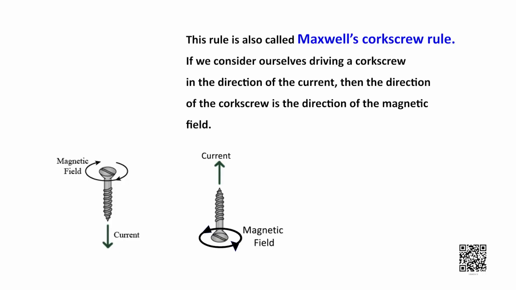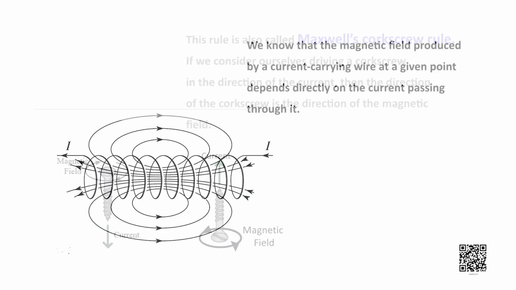So by applying the right hand rule, it is easy to check that every section of the wire contributes to the magnetic field lines in the same direction within the loop. This rule is also called Maxwell's corkscrew rule. If we consider ourselves driving a corkscrew in the direction of the current, then the direction of the corkscrew is the direction of the magnetic field.